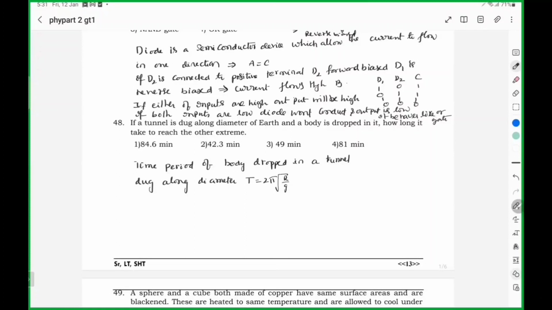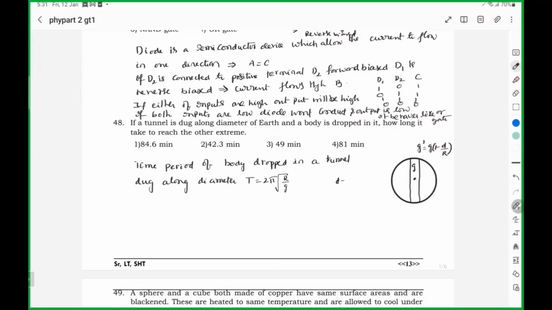Here it is only for understanding purpose. So body is dropped through it. Due to gravity, it moved towards the center. So acceleration due to gravity at a depth d is this.